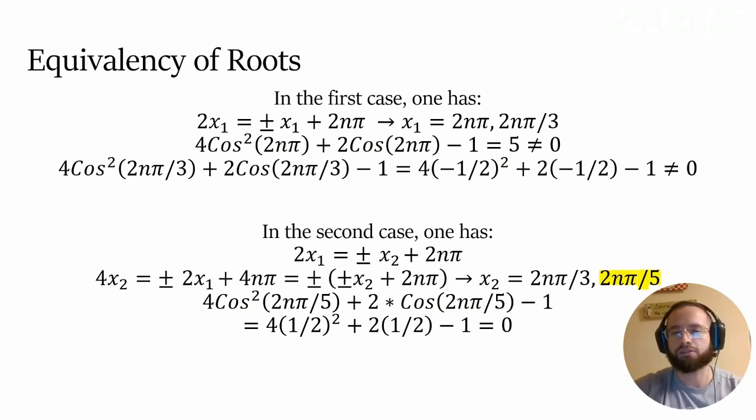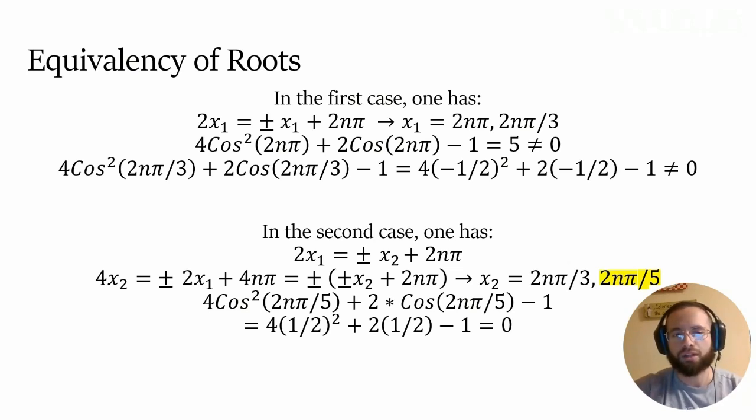And the period of cosine is 2 pi. Now, we can just rewrite 2x1 as plus minus x2 plus 2n pi, right? And here we just have 2 plus or minus. It's not much of a difference because n is an arbitrary integer. So here for x2, if we do some reduction, we have 2n pi over 3, which is the same as the first case, and we also have 2n pi over 5.